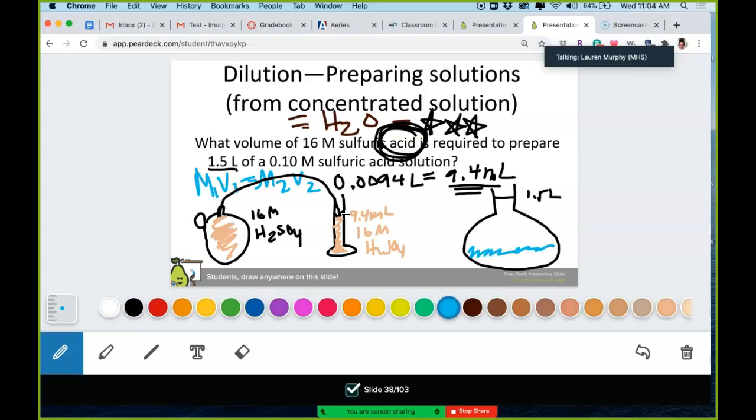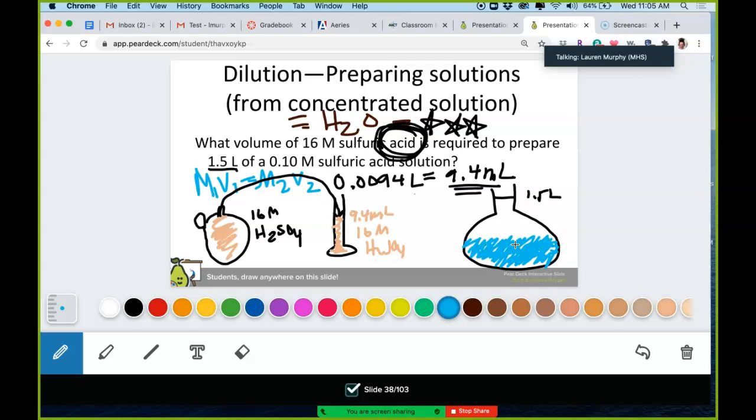So after you measure out the concentrated acid, you're going to put some water in this flask. Now there is a reason. You go, well, why does there have to be water in here before I dump my acid in here? Well, when you dump the acid in here, it releases a bunch of heat, okay? So the water kind of acts like an insulator so that the glass doesn't break.